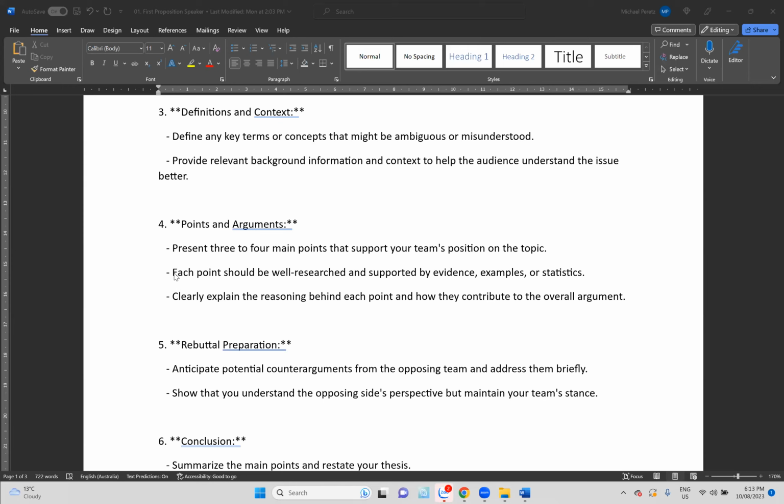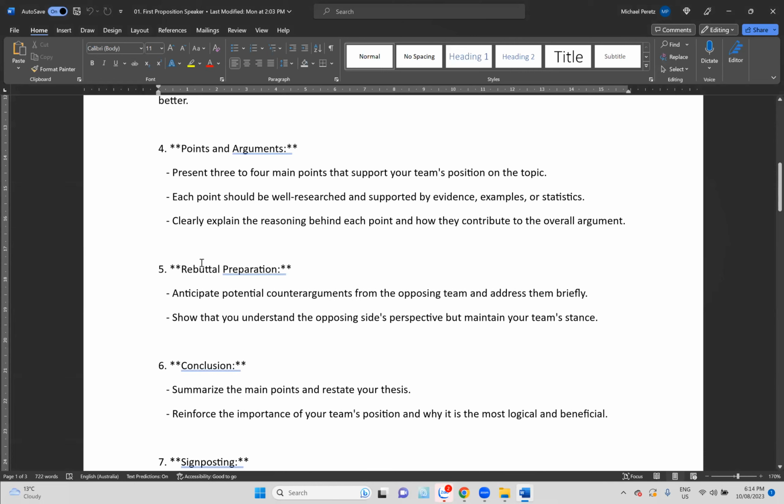So, for example, according to the national government's Department of Energy and Resources, or whatever it's called, this study shows that fossil fuels contribute to this much air pollution, and that can have this effect on people's lungs. So yeah, really clear with our evidence. And then as well, this is mostly to do with the linking sentences, but we need to clearly explain the reasoning behind each point and how it adds strength to our team's case.